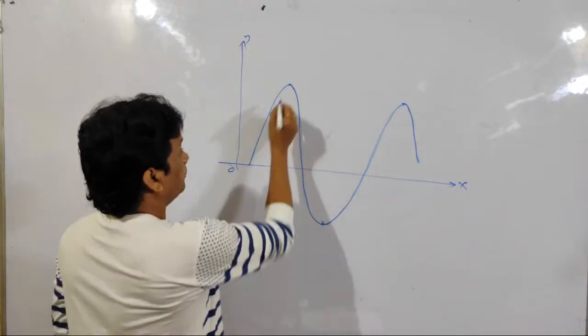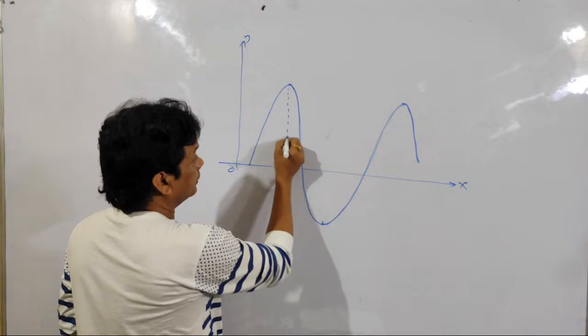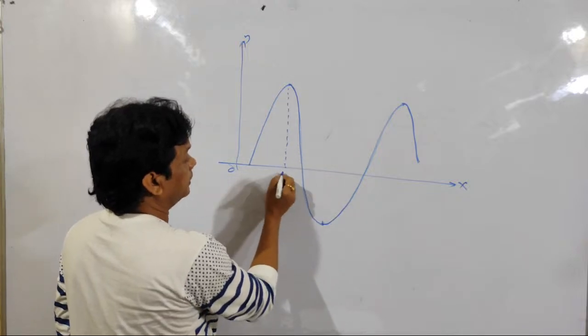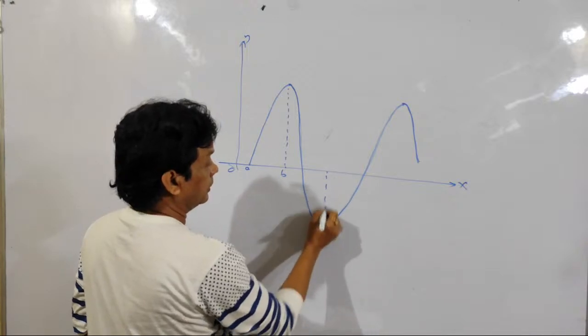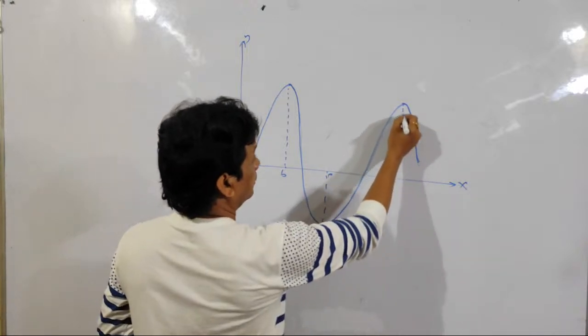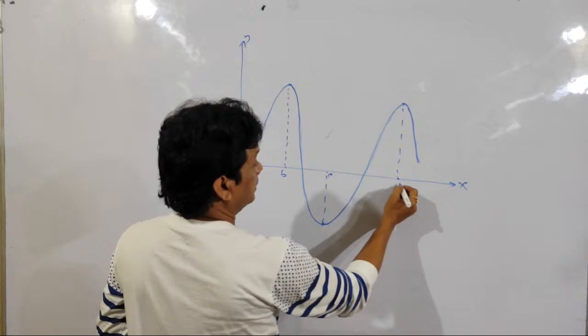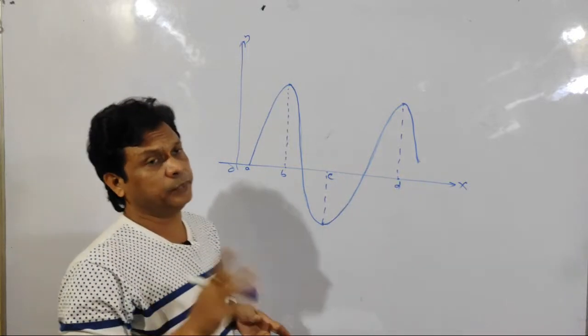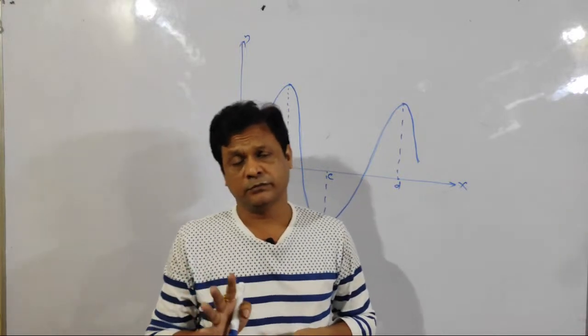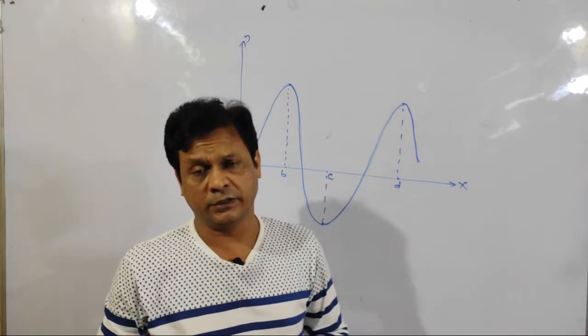Clear? And particular for this, let this point be A, this is B, this point is C, and this point is D. If there will be any doubt, then please clearly ask me, then I will repeat it. Okay.